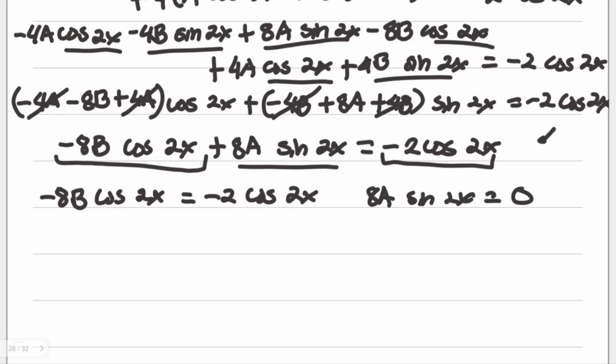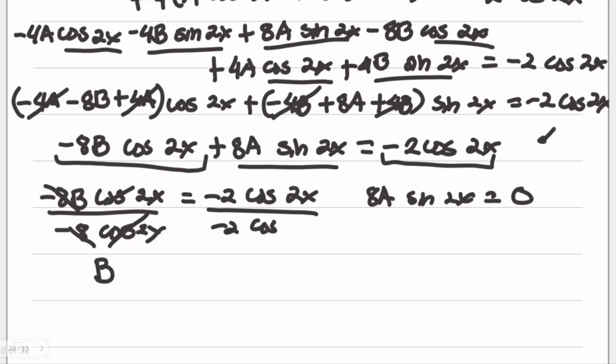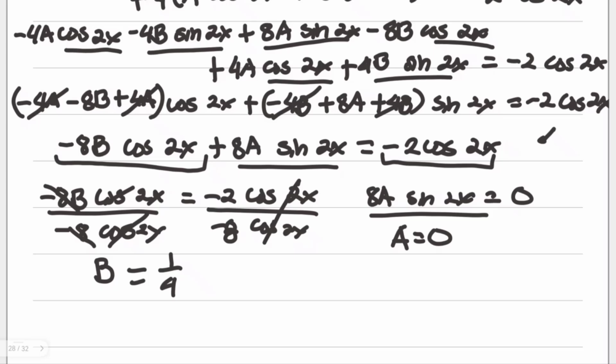So for this, dividing by negative 8 cosine of 2x to cancel this to get your b, you also divide minus 2 cosine of 2x by minus 8 cosine of 2x. So you have negative 2 divided by negative 8, so you have positive 1/4 for your b. But for your a, automatically this is equal to 0 because that's the only value of coefficient which will make this entire form equal to 0.